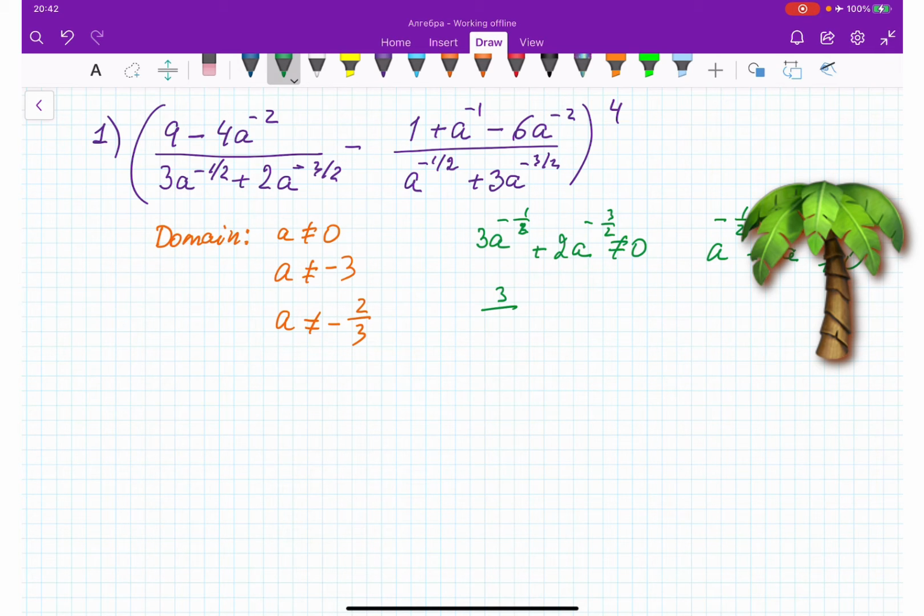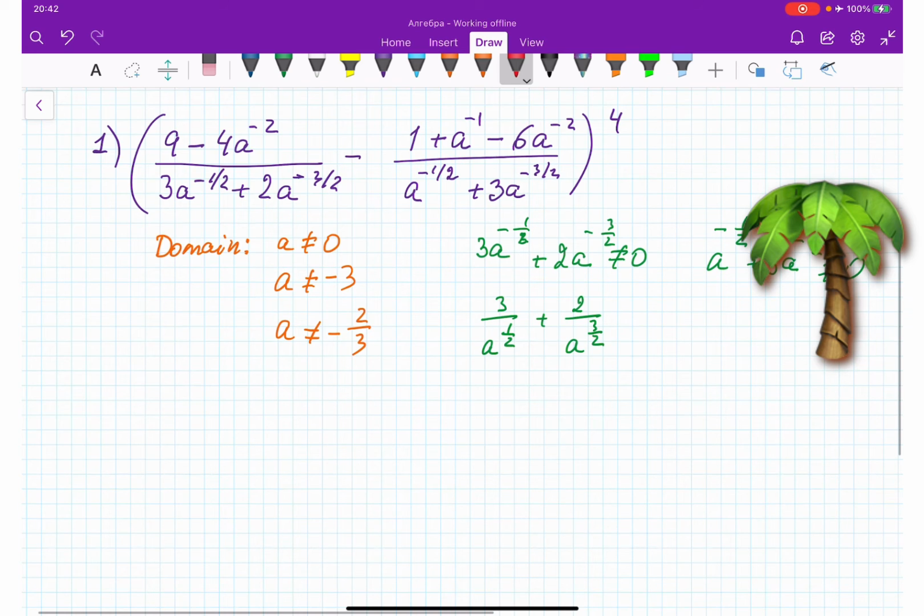3 over a to the power 1/2 plus 2 over a to the power 3/2, because we have a negative exponent. And just to remind you real quick, a to the power negative m is equal to 1 over a to the power positive m, yes? Okay, and this cannot be equal 0.